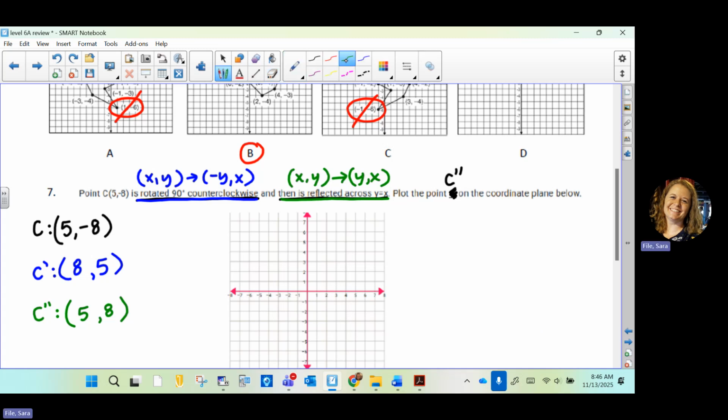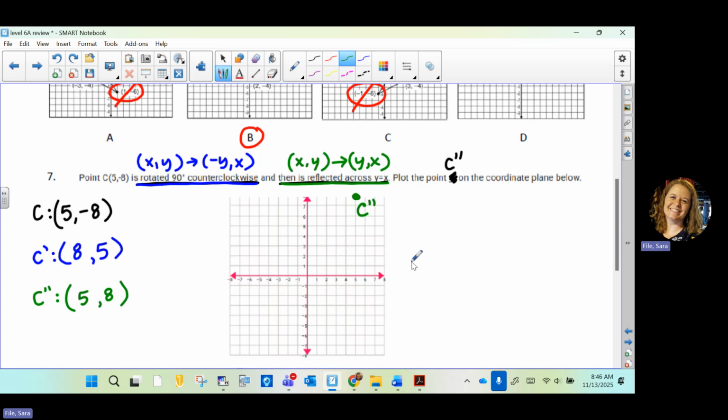Okay, so after both transformations, I go to (5, 8). Right up there on the edge. So when you're doing this in Aware, you're simply plotting the point. You have to do this work to figure it out, and then you plot your point.